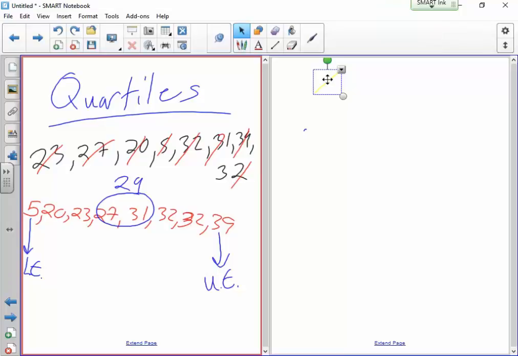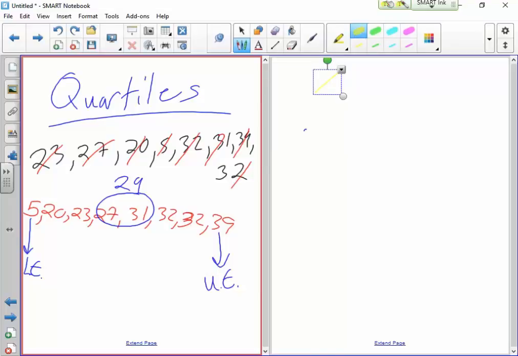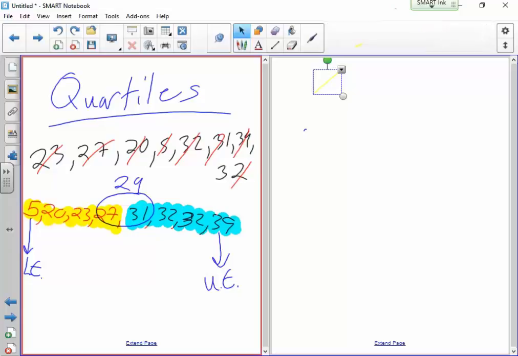Now, check this out. To do quartiles, because that's what our lesson is on today, this is what we do. I break this apart according to the median. I get everything on the left of the median, then everything on the right of the median. Then I find the median of the two sides.